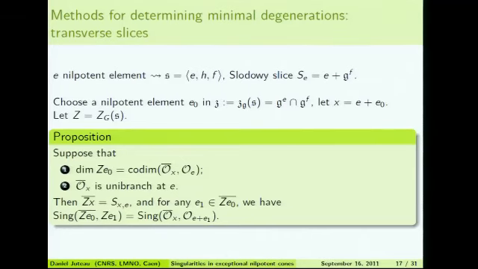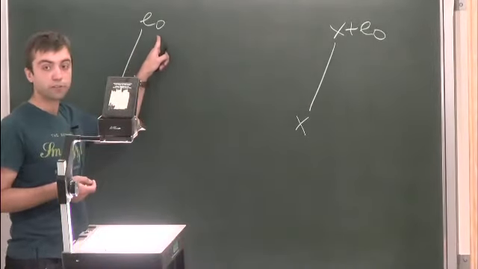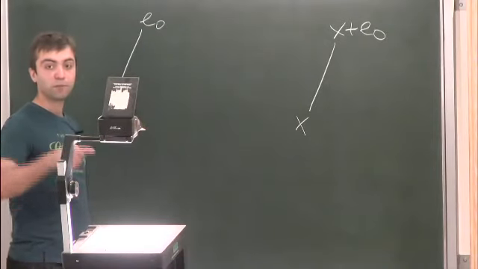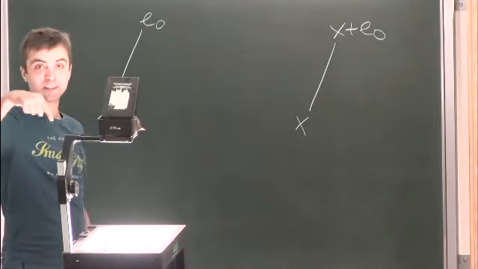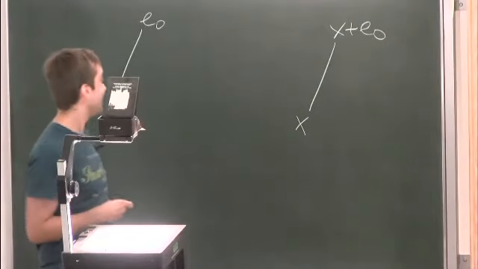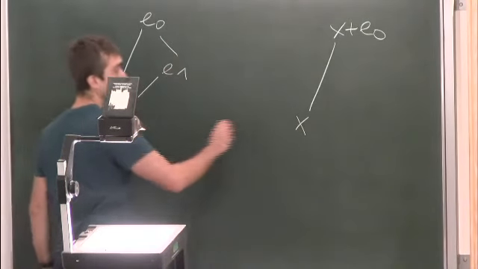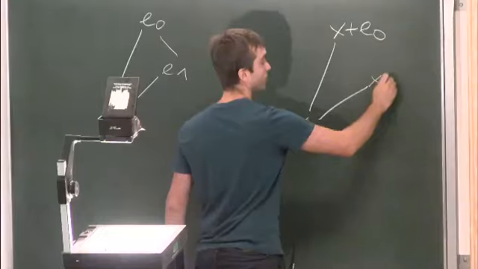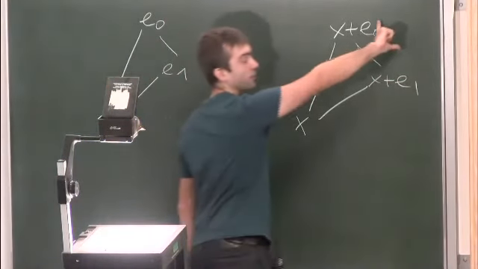So you can apply it for E0 a minimal nilpotent element. If you have another one in between, E1, you can also compare this singularity with this singularity.